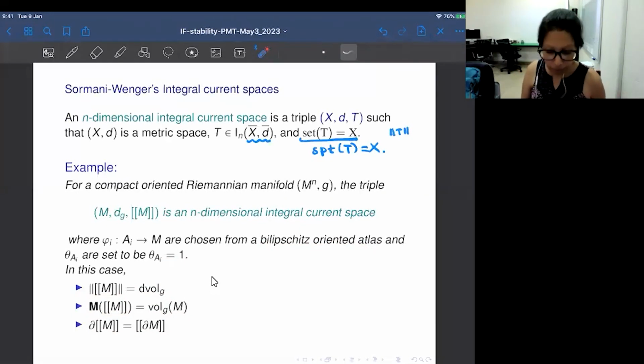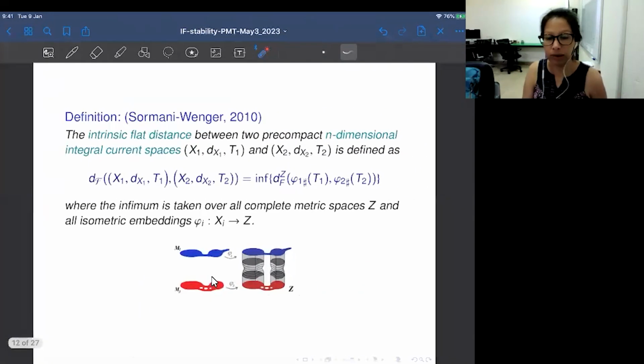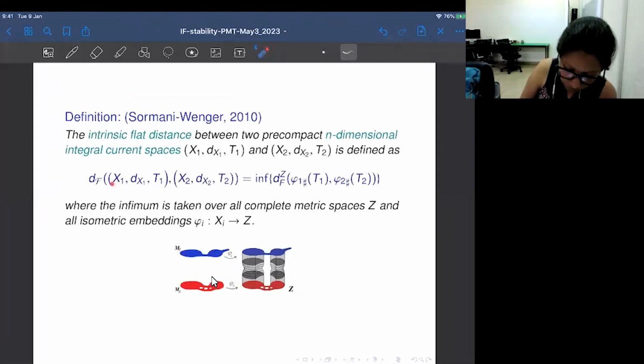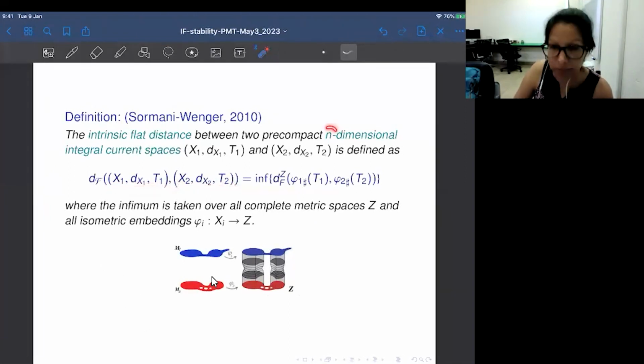Okay, so now we know what our spaces are in which we are going to define this intrinsic flat distance. This intrinsic flat distance takes two integral current spaces. They have to be of the same dimension. And then in order to calculate their distance, one embeds each of them in a bigger, possibly bigger, complete metric space Z, and these are isometric embeddings.